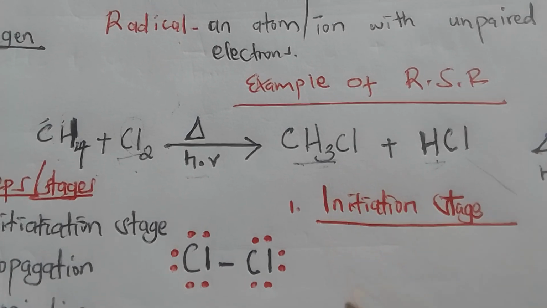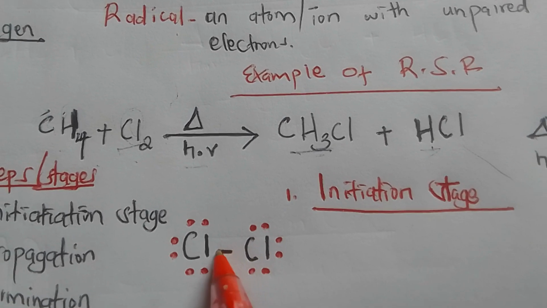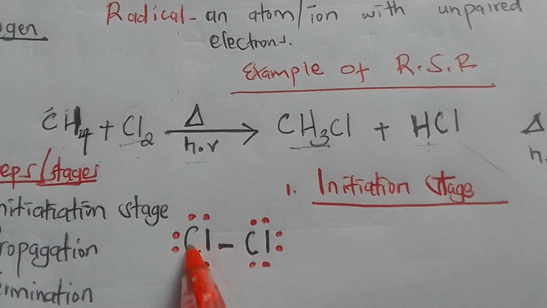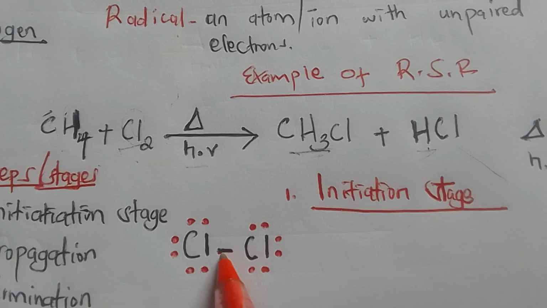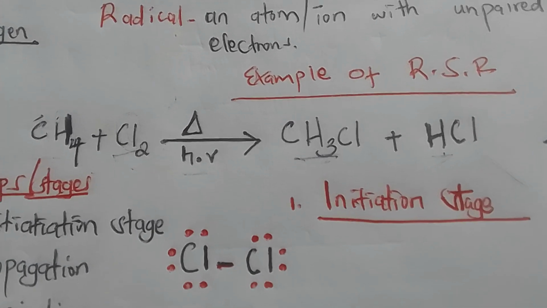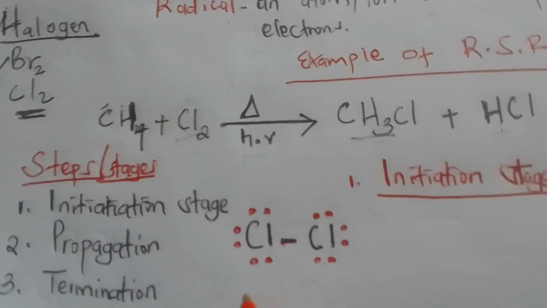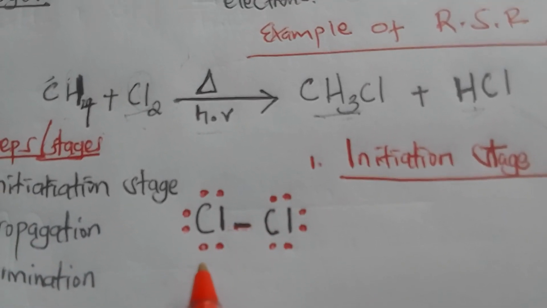This single bond between the chlorine atoms represents a pair of electrons. This dash that you're seeing here represents a pair of electrons. The bond represents a pair of electrons.